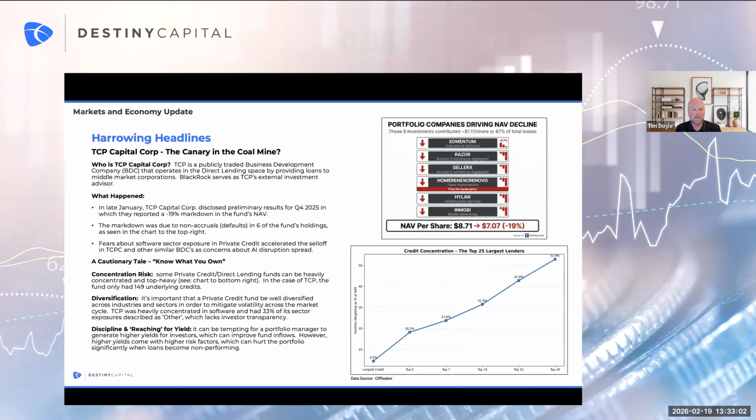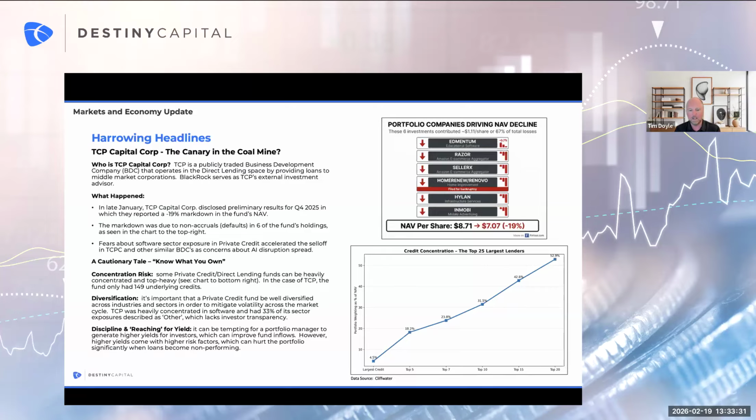It was also difficult to gauge some of their underlying holdings because 33% of the fund's sector weighting was classified as other. That to me lacks a little bit of transparency for investors. It's hard to understand exactly what you own when a third of the fund is described as other. So transparency can be an issue, but diversification is something you want to look at.